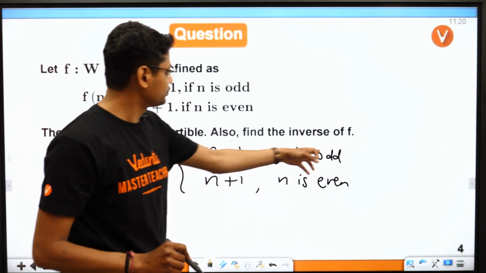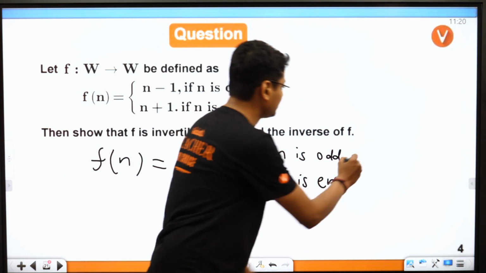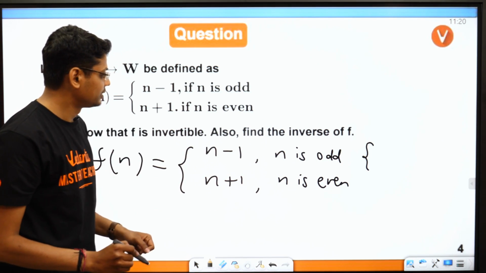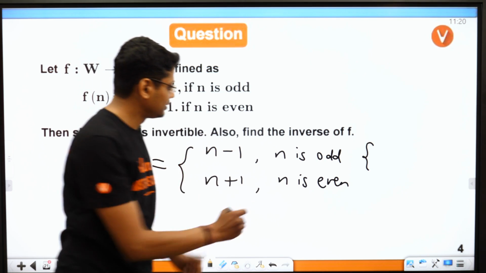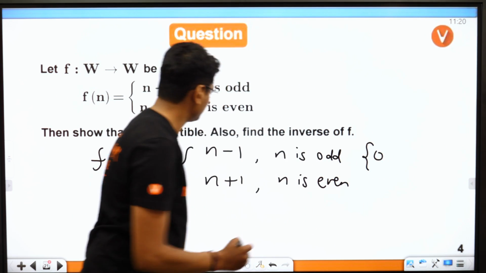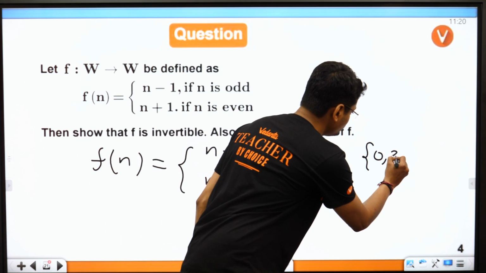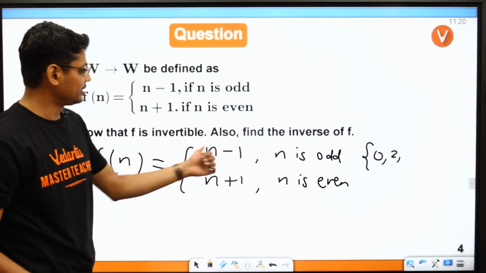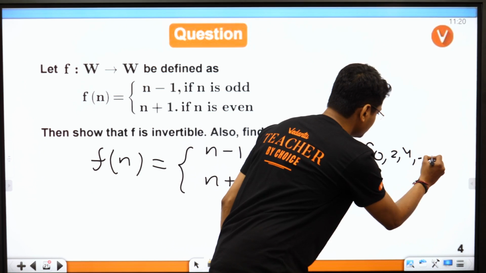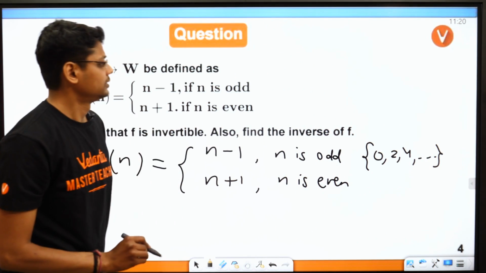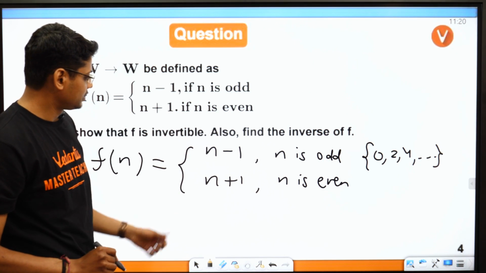So what values would f take in this part of the definition? When n is 1, f(n) is 0. When n is 3, because n should be odd, f(n) is 2. When n is 5, f(n) is 4, and so on. So all even whole numbers.